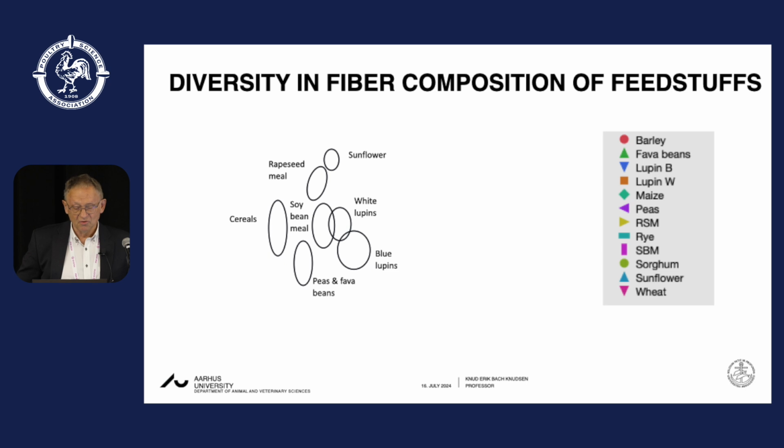Then you look at how the cereals here deviate from the protein-rich feedstuffs and crops. You'll see that they are primarily separated here because of the uronic acid content, representing the pectin-containing materials. With regard to the lupins, there is further segregation because of the galactans.